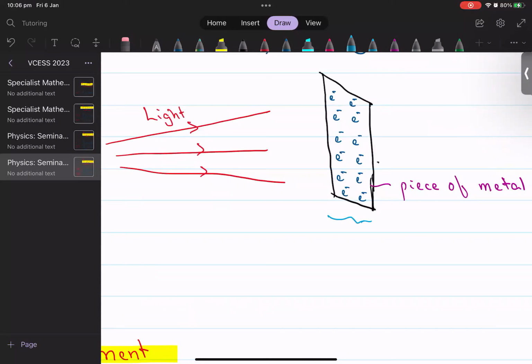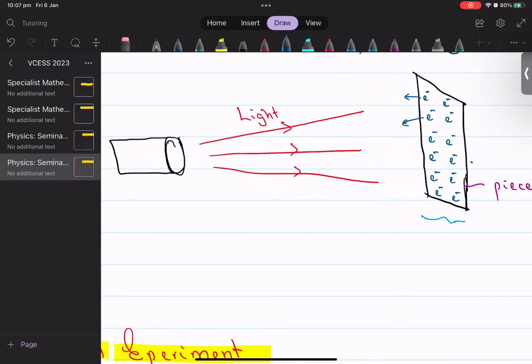that the surface of the metal has a lot of electrons on it, as it should, right? Well, it's a material, so it does have protons, neutrons, and electrons. So the surface atoms would have electrons. The moment we shine some light on this, what we notice is that electrons get liberated off the surface of the metal. So electrons kind of jump off the surface of the metal.